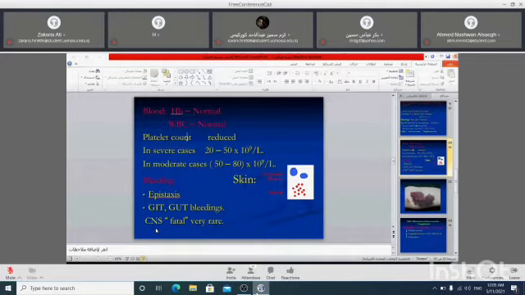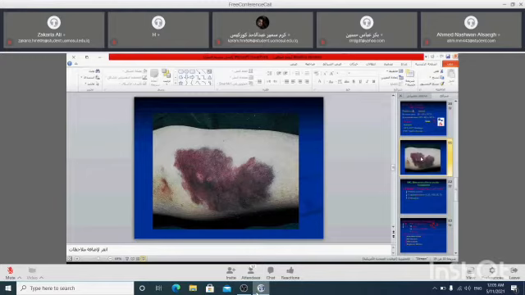Although it is a rare condition, it could happen when the patient is neglected and there is a very severely low platelet count. Of course, all of you know this: bruises from thrombocytopenia. Does anyone have a question about thrombocytopenic purpura?